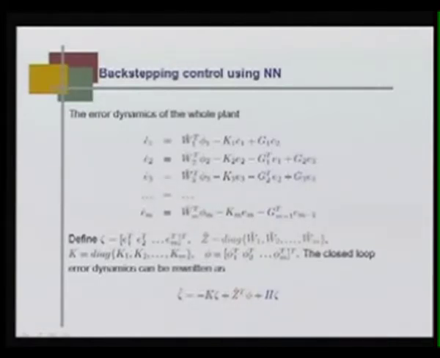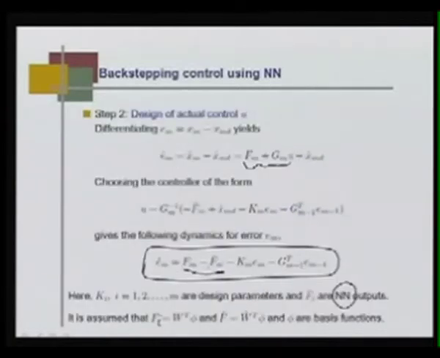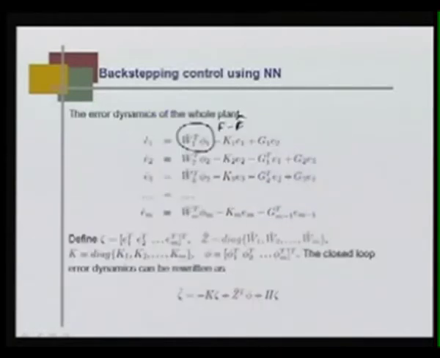If I define xi to be this vector of all the tracking errors, and the tilde quantities are actually f minus f hat, you can easily see that em dot is fm minus fm hat and so on. The first one is f1 minus f1 hat, similarly this is fm minus fm hat.